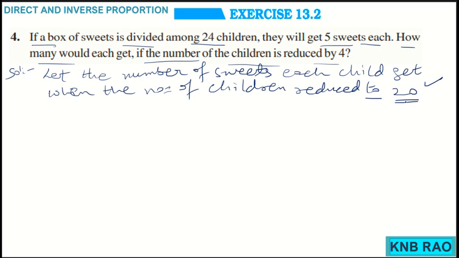So 20 will be the reduced number of children. Here I am considering a variable y.